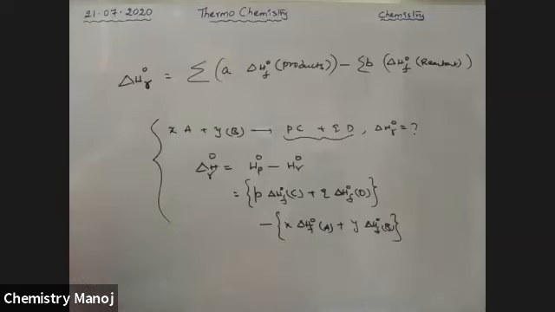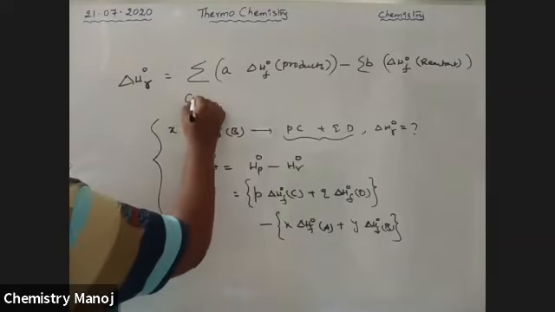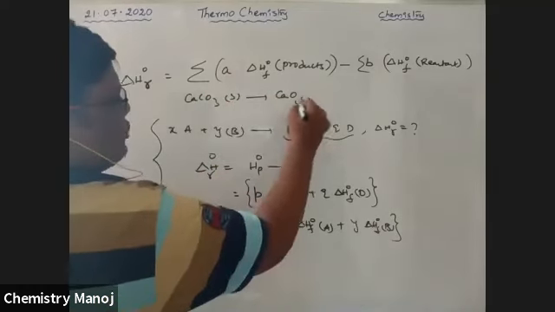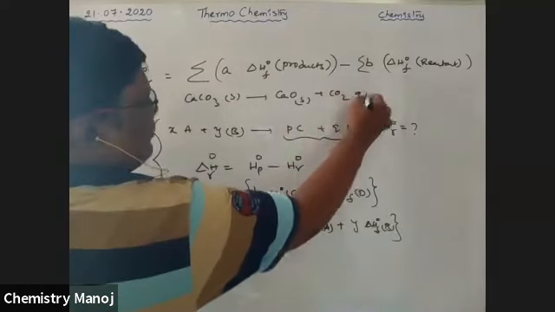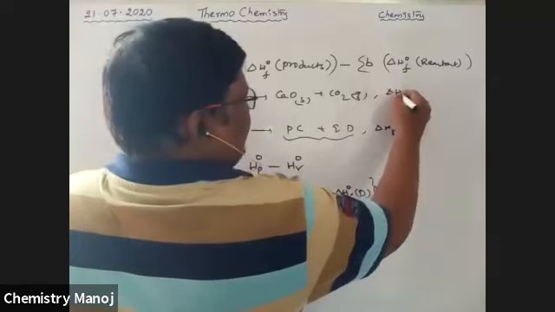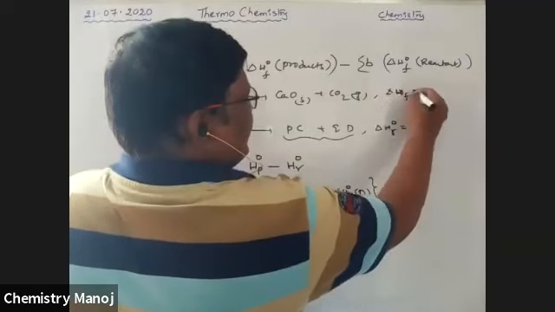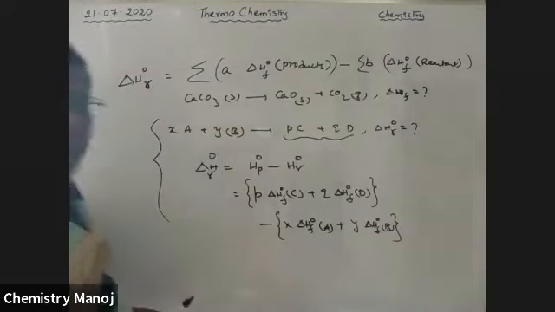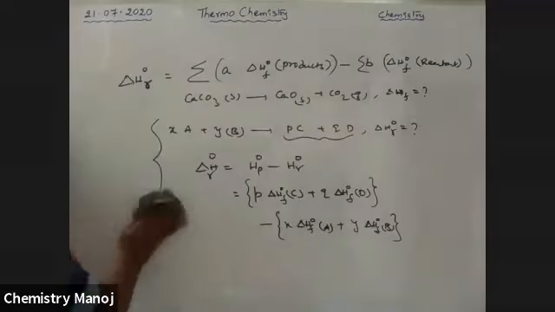So I am giving one example. See here. CaCO3 solid gives CaO solid plus CO2 gas. For this, delta H of the reaction is equal to how much? Try yourself like this. I am writing.